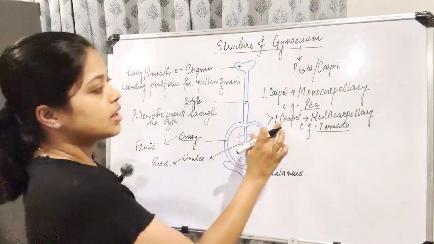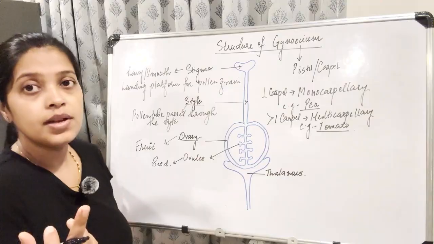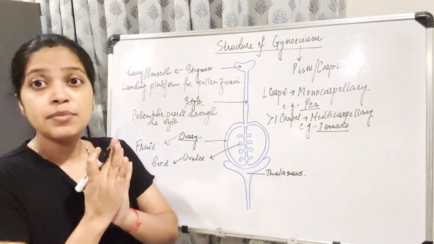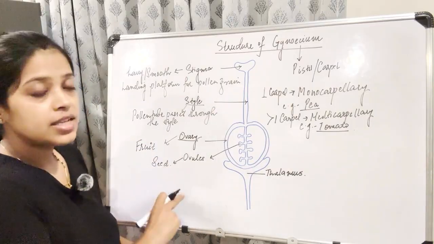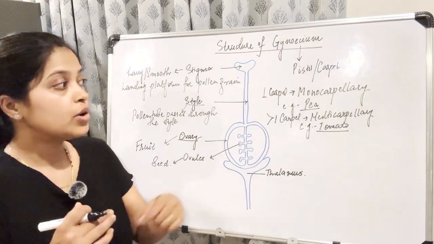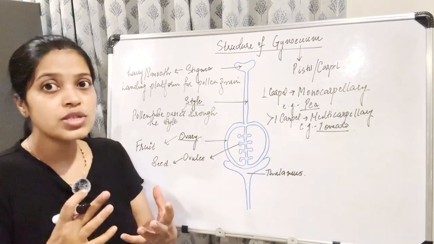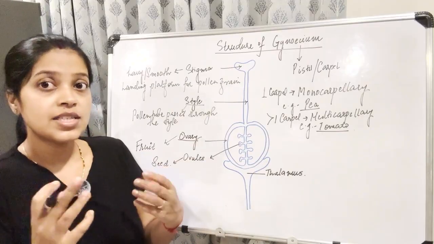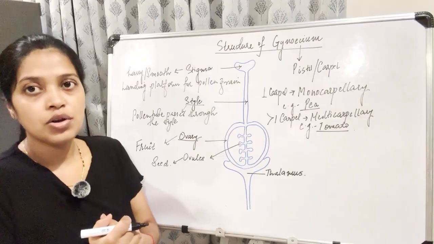So if there is more than one, we call it as multicarpellary. Now if there are more than one carpel, there is a chance that those carpel will either be free or they may be fused. So the next part is that I will talk about if there is more than one carpel, how many locules are formed of it, and what they are called if the carpels are free and if the carpels are fused.